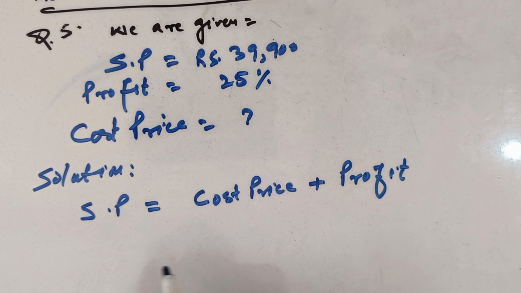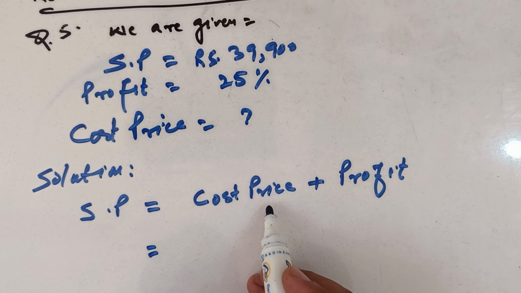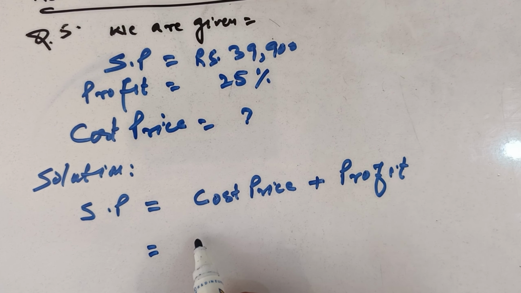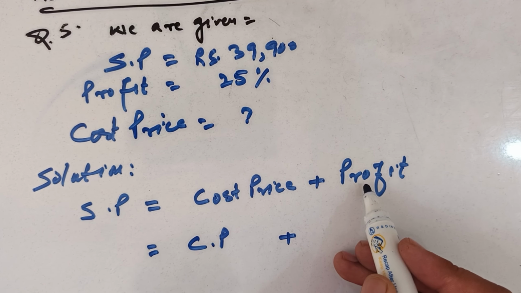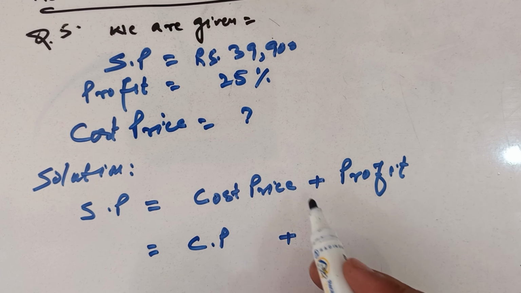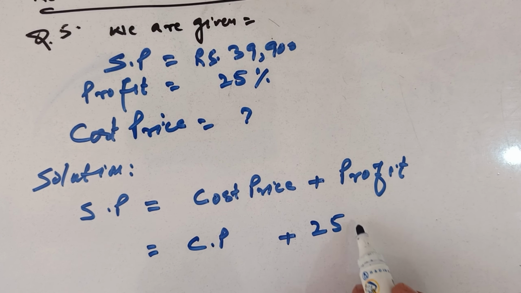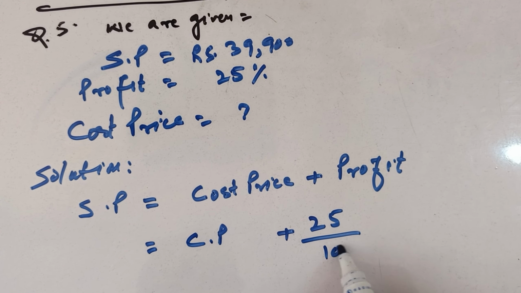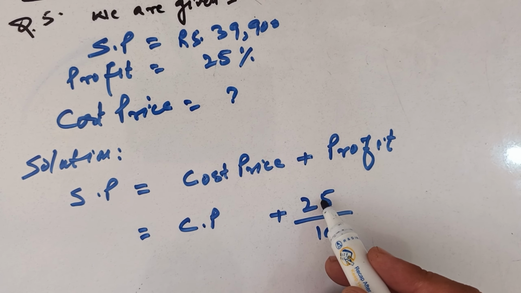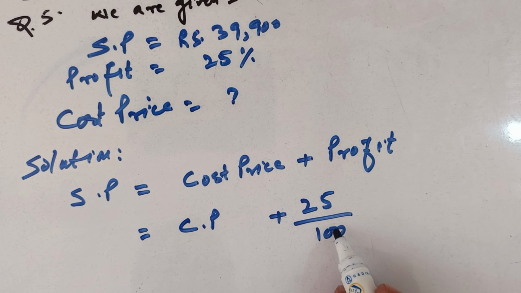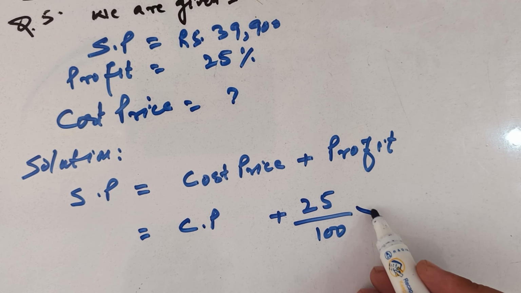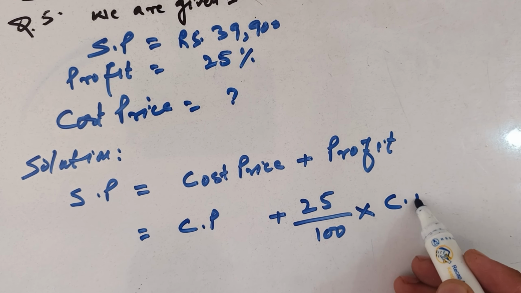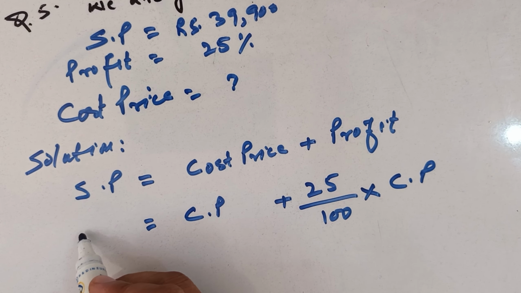And yes, we also know that cost price and profit, which is 25%, and we know that what is profit? Profit is taken out of cost price. So 25% of cost price.